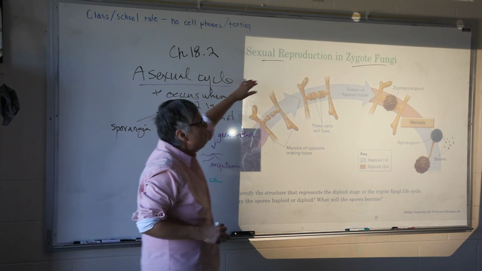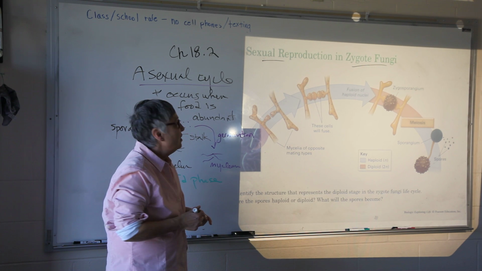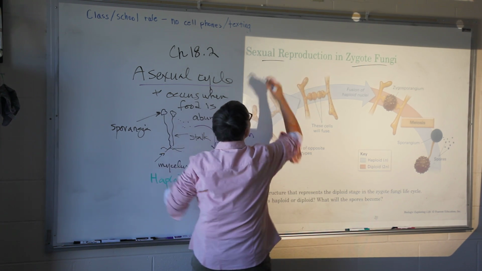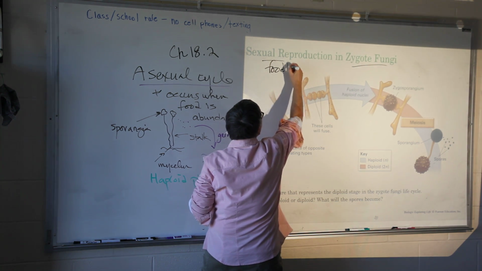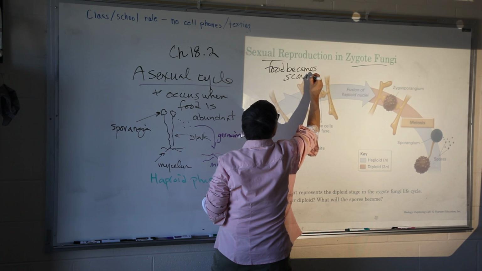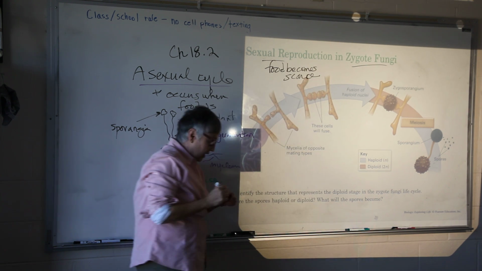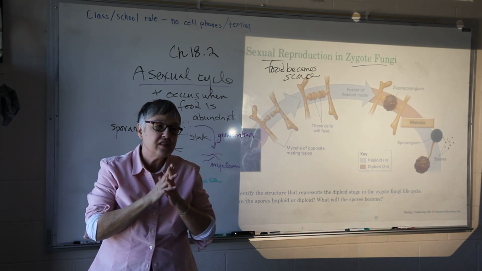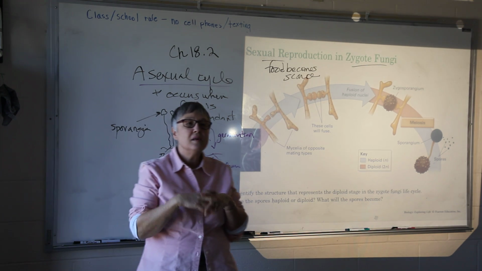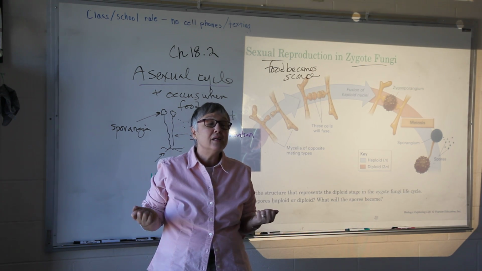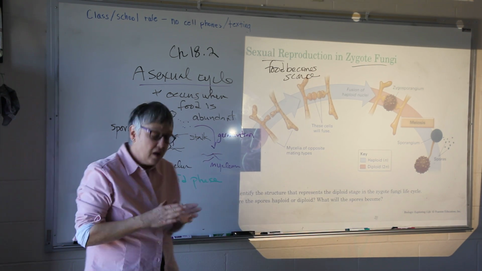Okay, the sexual reproductive cycle begins when food becomes scarce. And what will happen is, in this case, we actually have to have mycelium from two different, we call them mating types, and they will come together.